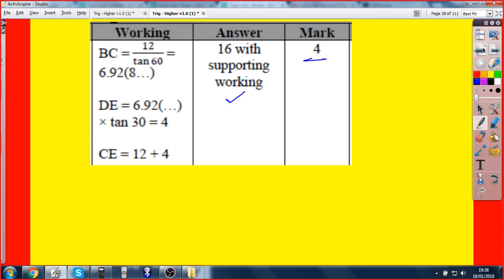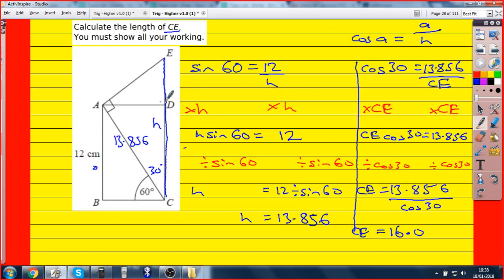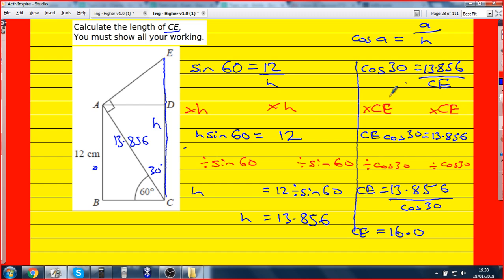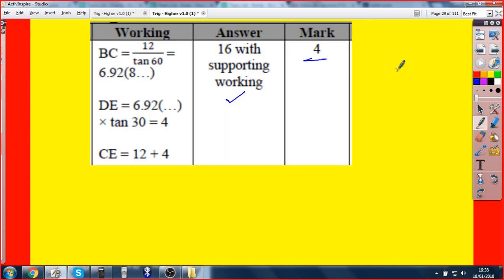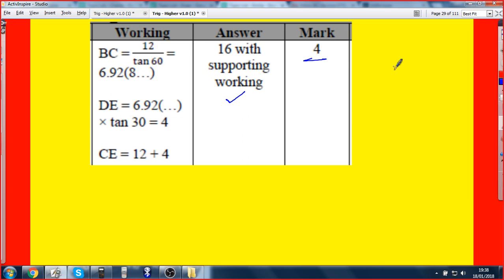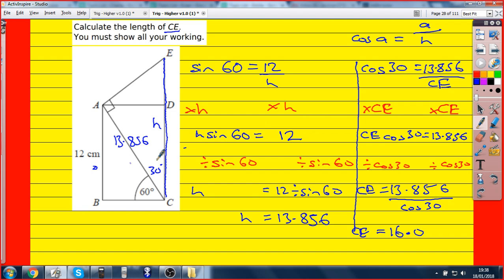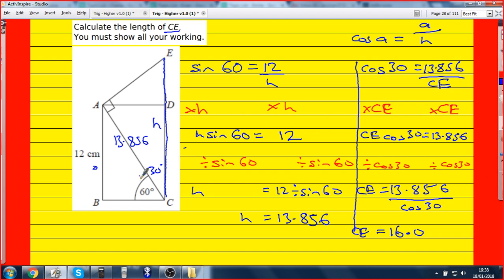Let's see how they did this one. They found BC, so they found this bottom one, and then they did DE equals BC tan 30. Who knows? I like our way. Any questions there?